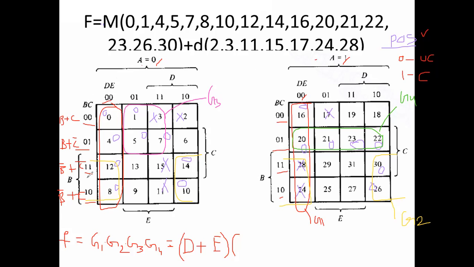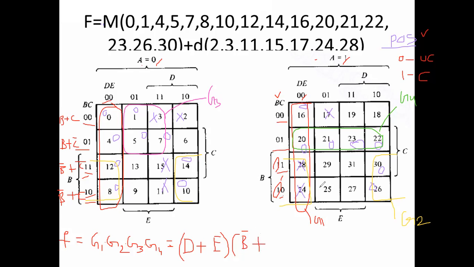What are the combinations here? 1, 1, 1, 0, which is common. Here also 1, 1, 1, 0, which is common. The first one is common. First one belongs to which variable? B variable. B equal to 1 means what is the representation? B bar. Okay? Plus.